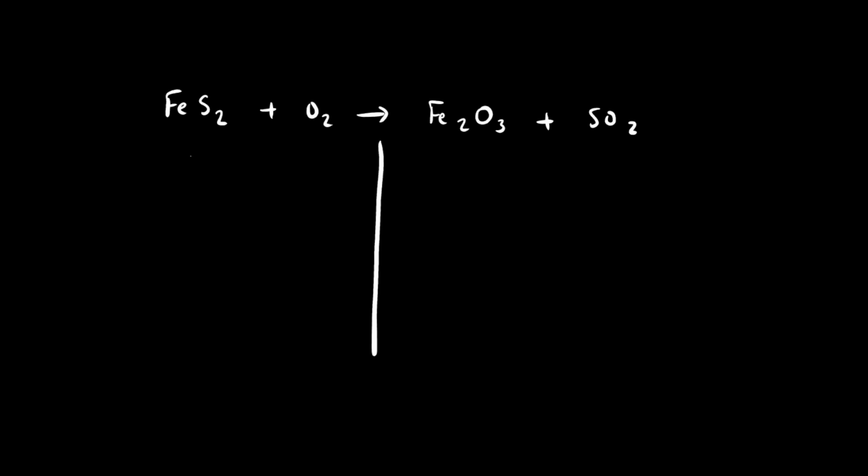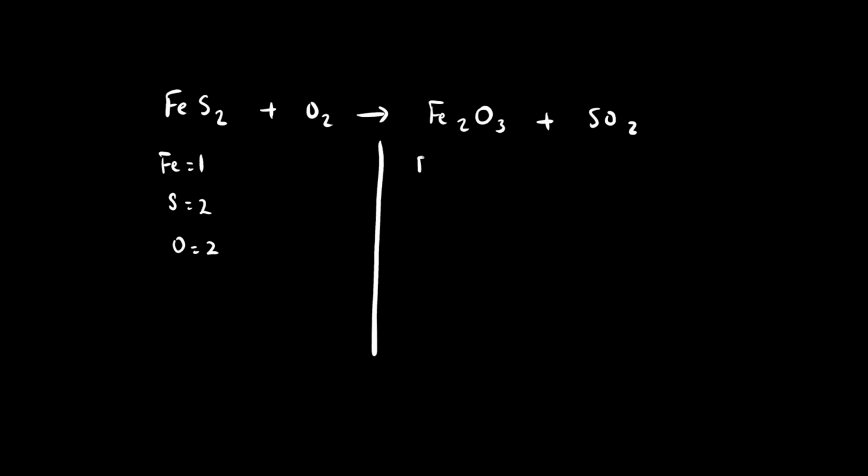In this equation, we have iron disulfide reacts with oxygen gas to produce iron oxide and sulfur dioxide. On the left hand side, we have 1 iron, 2 sulfur, and 2 oxygen.